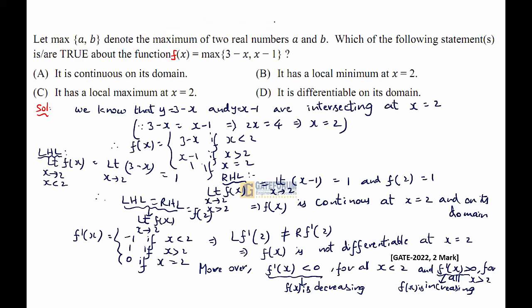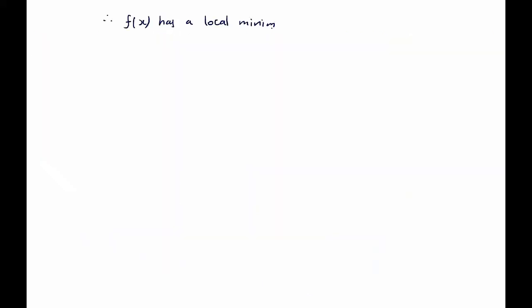Therefore, f of x has a local minimum at x is equal to 2.